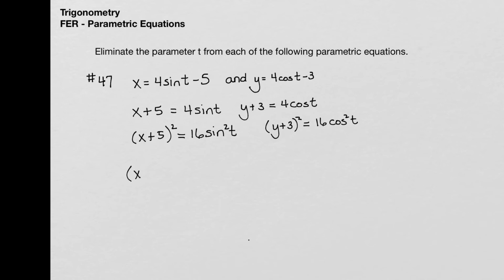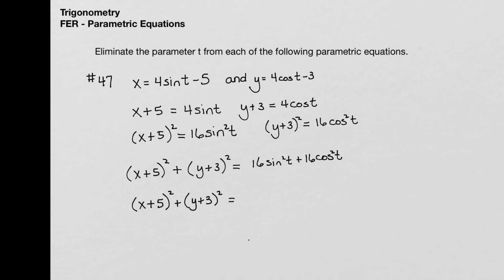And that gives me x plus 5 quantity squared plus y plus 3 quantity squared equals 16 sine squared t plus 16 cosine squared t. And at this point, I've done everything I can with the left-hand side, so I'll go ahead and bring that down.